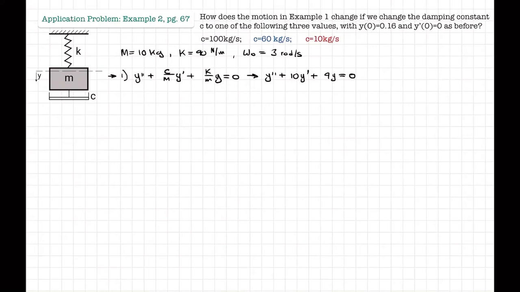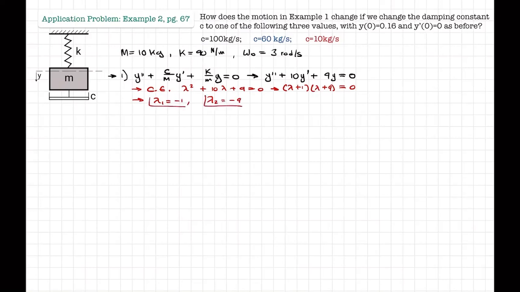It's pretty straightforward. We do the characteristic equation, and we're going to have lambda squared plus 10 lambda plus 9 equals 0. We can factor this as lambda plus 1 times lambda plus 9. Therefore, lambda 1 equals negative 1, and lambda 2 equals negative 9.